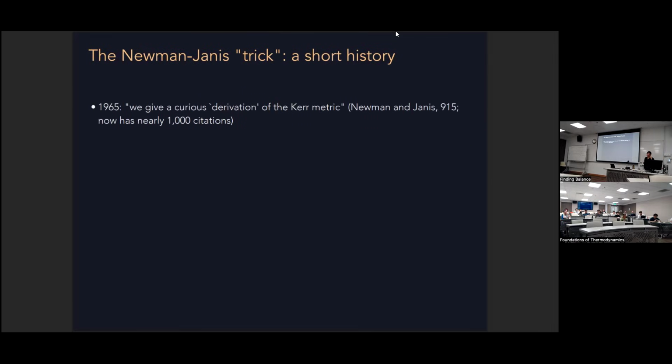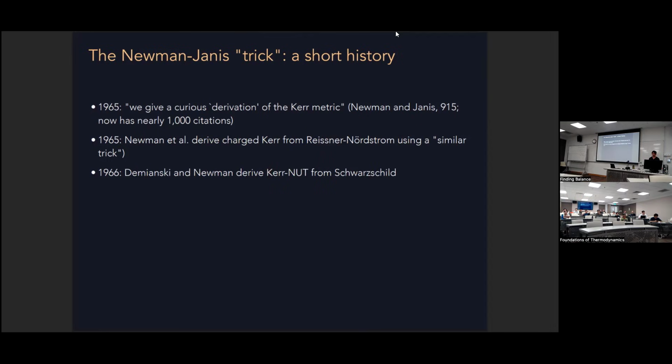So first, yes, you can use it to derive new solutions. Here is a little bit of the story of what happens with the Newman-Janis trick. In 1965 is when it's first published. They call it a, quote, curious derivation of the Kerr metric. Newman worked with some other folks to derive charged Kerr from Reissner-Nordström using a similar trick in 1965 as well.